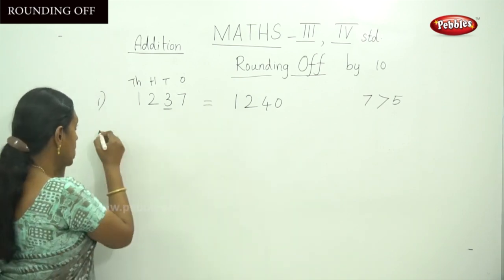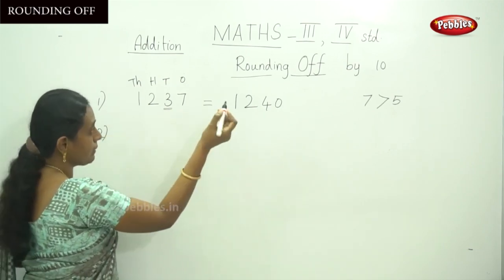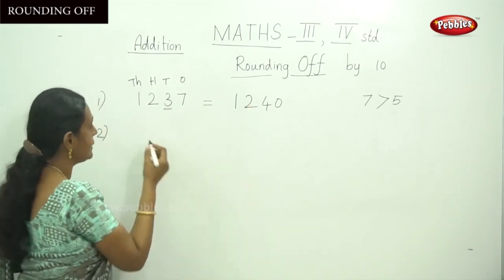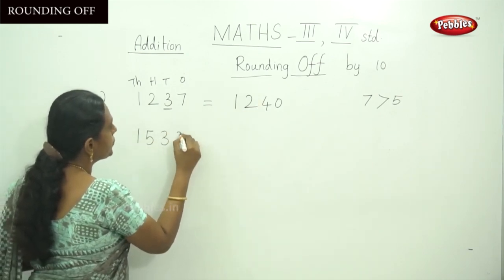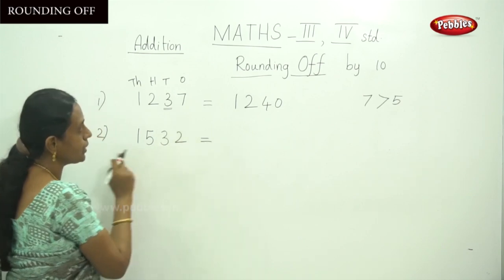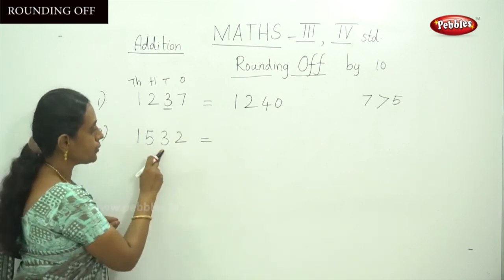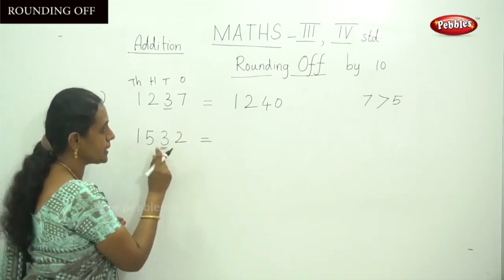I will show you the second sum similar to that for rounding off by 10. That is 1532. This is the tens place number, that is 3.